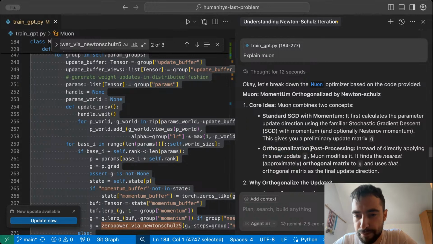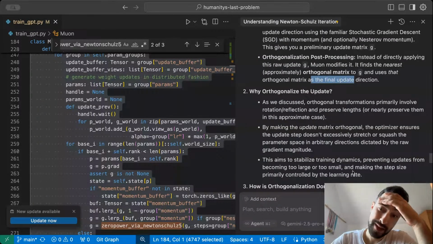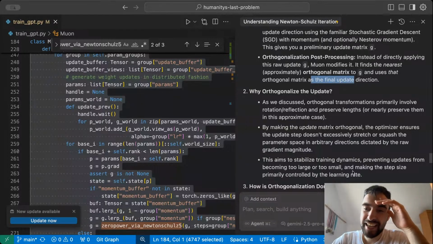Orthogonalization post-processing. Instead of directly applying this raw update G, Muon modifies it. It finds the nearest approximately orthogonal matrix to G, and uses that orthogonal matrix as the final update direction. Okay.